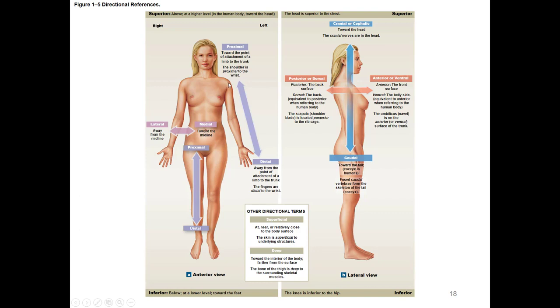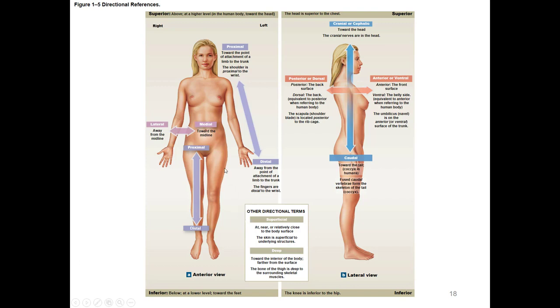And then distal is away from the point of attachment of a limb. So the hand would be distal from the point of attachment. Distal makes me think of distant from, and proximal makes me think of close to, as in the proximity of. So proximal toward the point of attachment, distal away from the point of attachment.